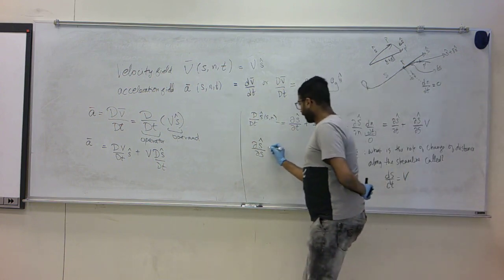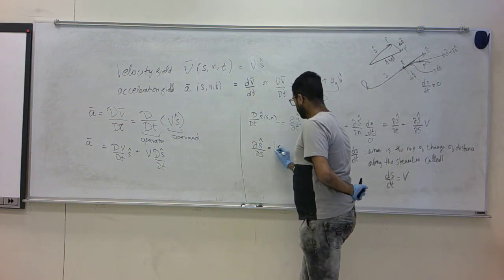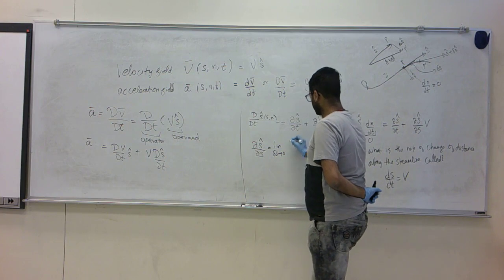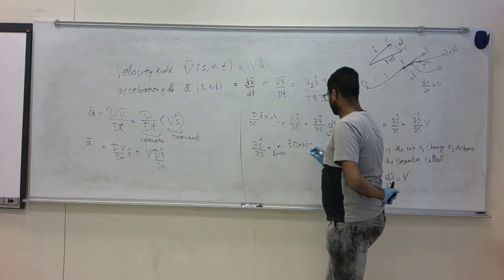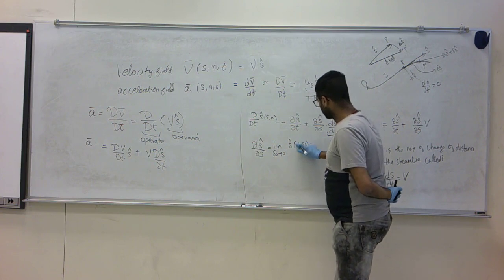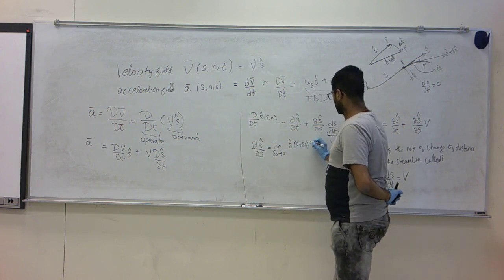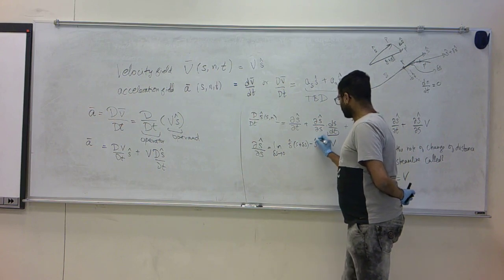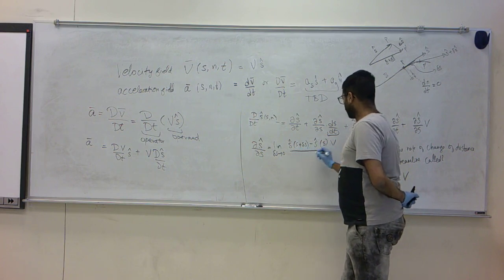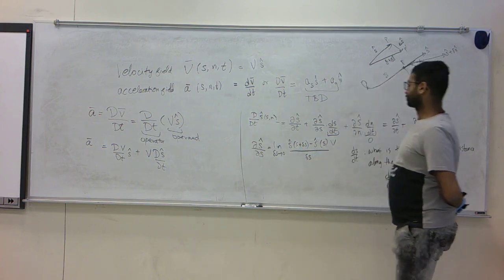Which I can write from calculus to be the limit as delta s goes to 0 of s-cap of s plus delta s, minus s-cap of s, divided by delta s.